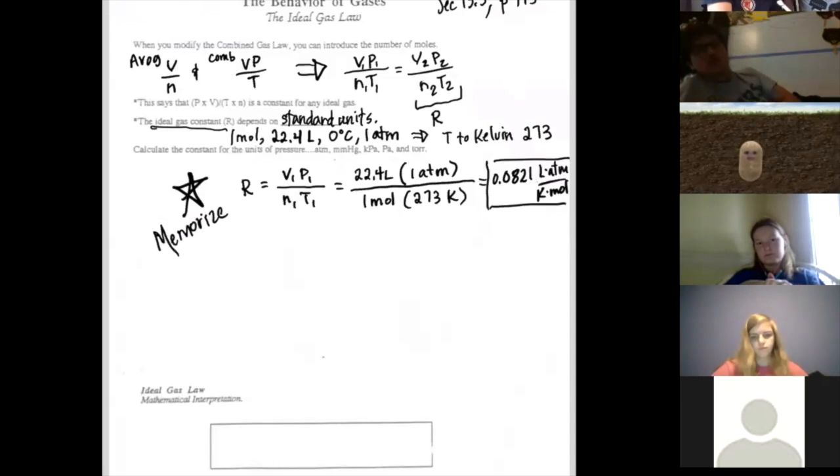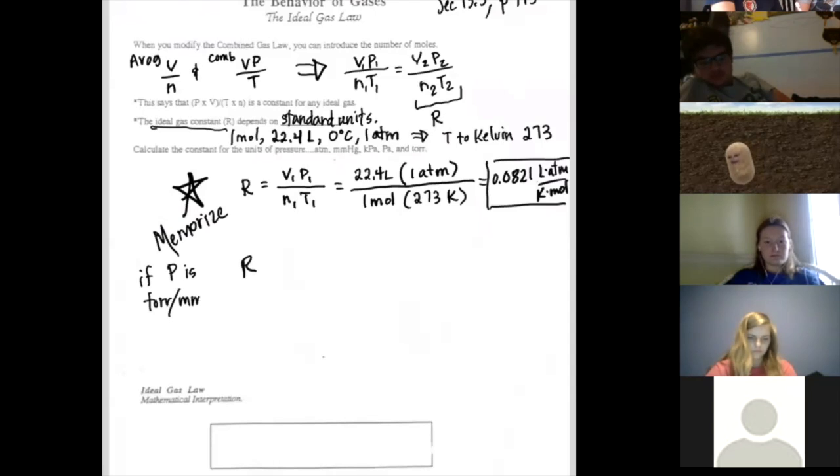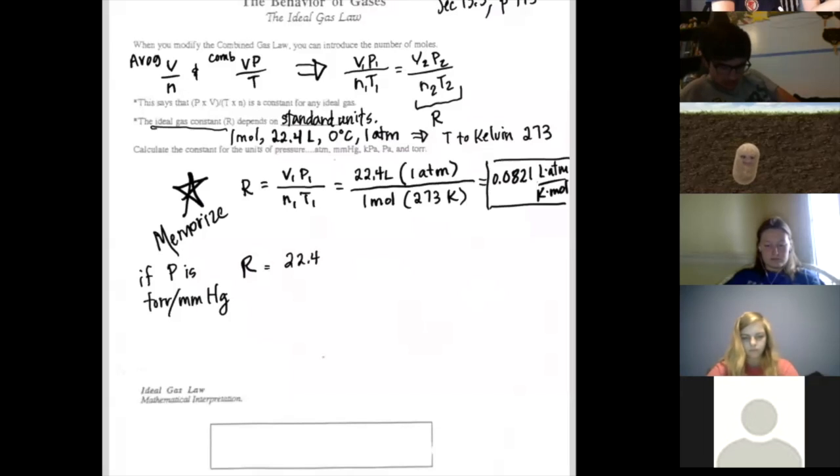Okay. So if the pressure is in torr or millimeters of mercury, again, we would simply put in our units, but the one that would change would be our pressure units.